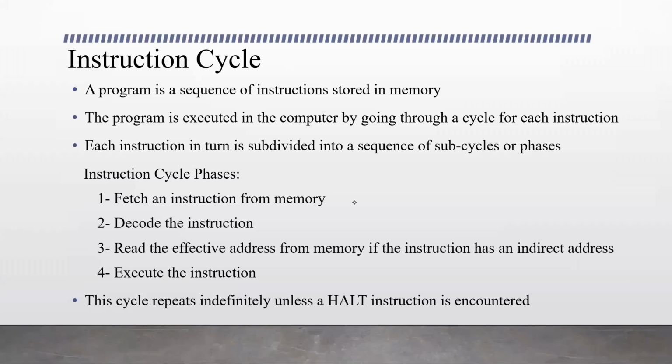A group of instructions is called a program, through which computers are instructed to perform some operation. A program is a sequence of instructions stored in memory, and a program is executed in the computer by going through a cycle for each instruction.